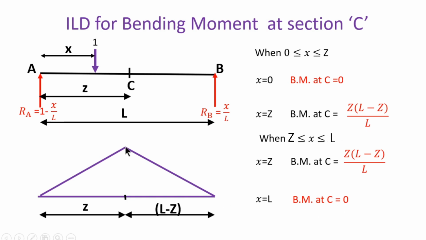So at the location Z, the value is the same, that is Z in bracket (L minus Z) divided by L. In this way, the ordinate is Z in bracket (L minus Z) divided by L, and this is positive. Thank you.